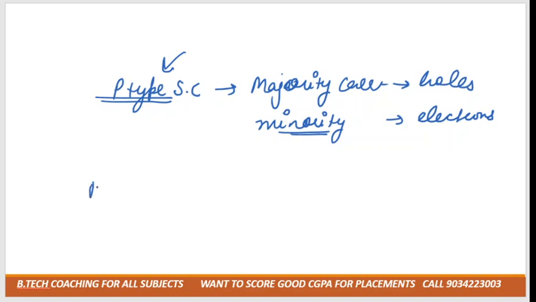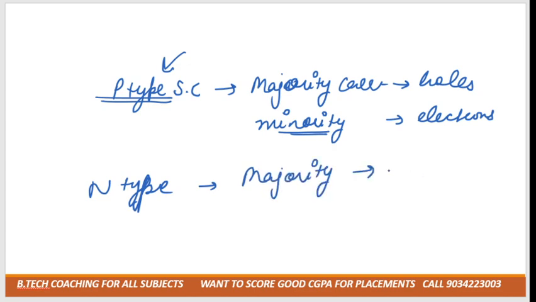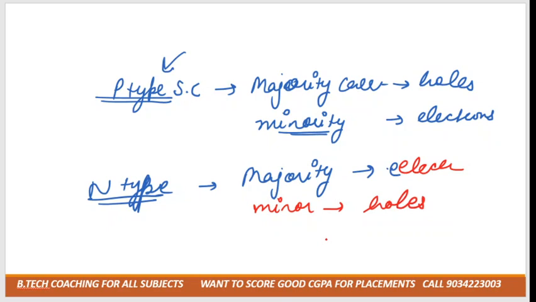Correct? If there is an n-type semiconductor, then what are the majority carriers? Obviously, in an n-type, the majority carriers are electrons and the minority carriers are holes, right? Clear?